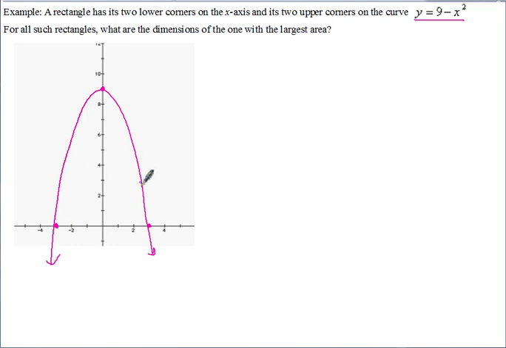So there's a bunch of different rectangles you can get like that. What we're trying to look for, and to know the dimensions of, is the one with the largest area. Largest meaning maximum area. Okay. So let's go ahead and draw a rectangle somewhere in here.